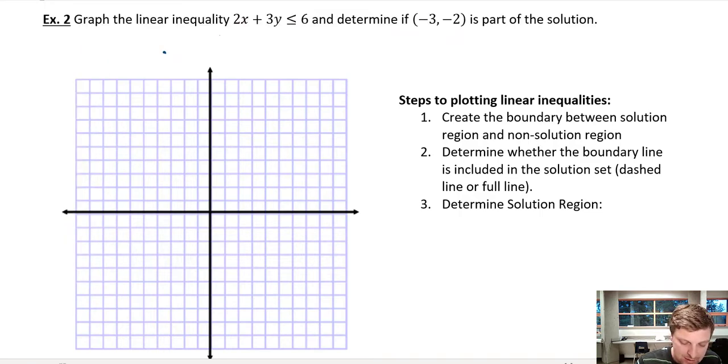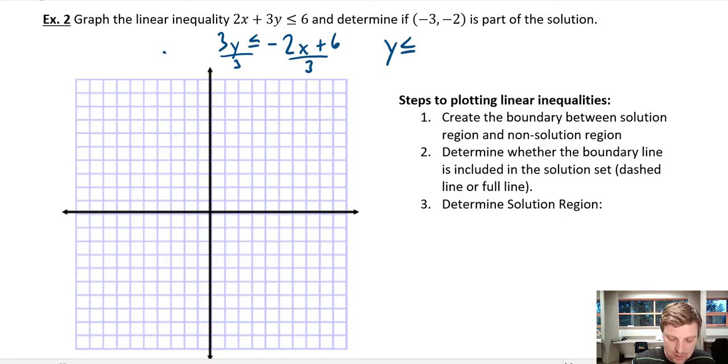I'm just going to rewrite this as 3y is less than or equal to -2x plus 6. And then I'm going to divide by 3 and divide by 3. And I'm going to get y is less than or equal to -2/3 x plus 2. So my first step is to create the boundary solution, which is the line that's going to describe that inequality.